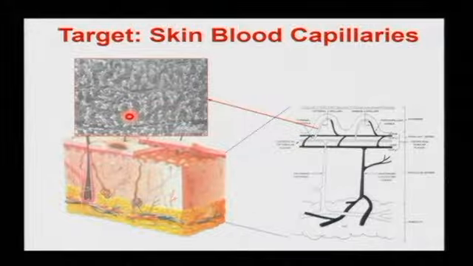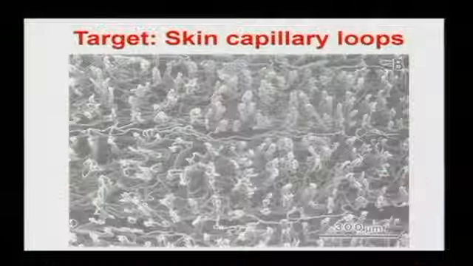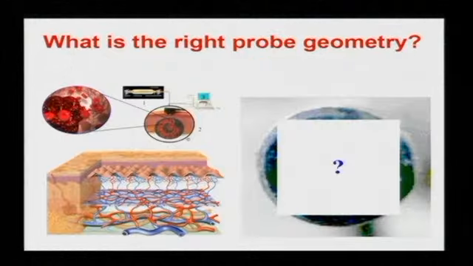Because many physicians believe that the changes of blood parameters within capillary loops can be used for early diagnostics of many cardio diseases. So this is our target, and the question is how I should design my fiber optics probe to detect this area within the skin.